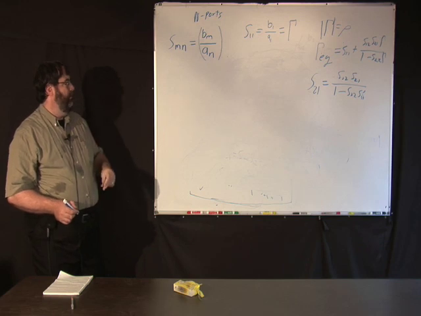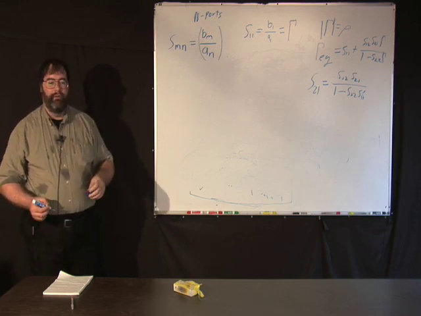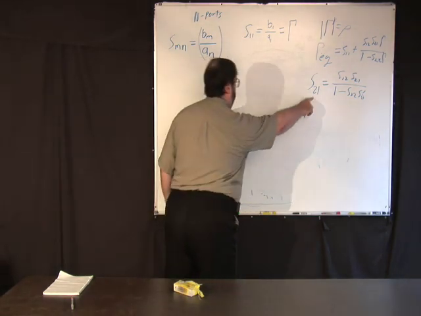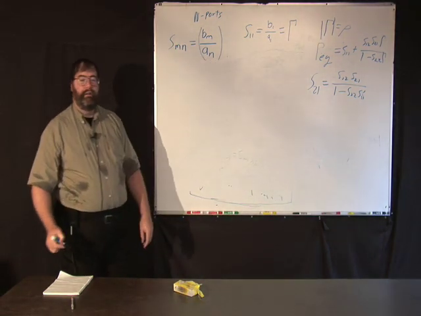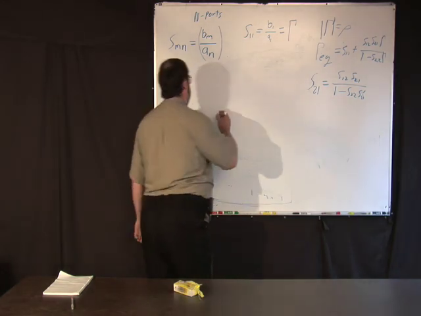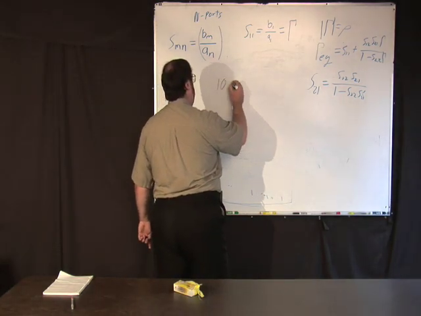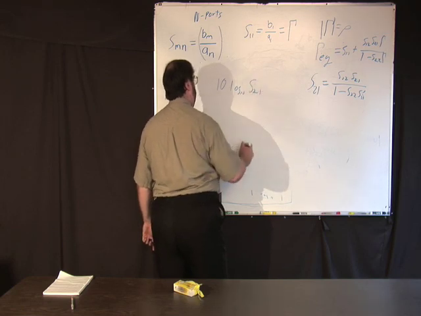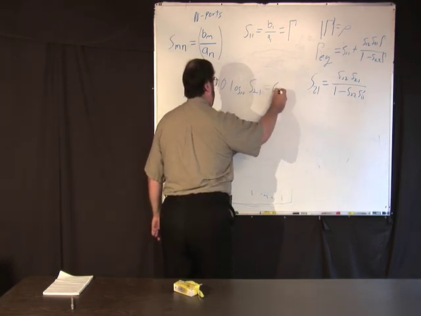Now, these reflection coefficients are usually plotted on what's called Smith charts, and normally these S21s are not looked at directly, but they're looked at in dB. So generally, you look at 10 log 10 of S21, and that's like a gain or a loss in dB.